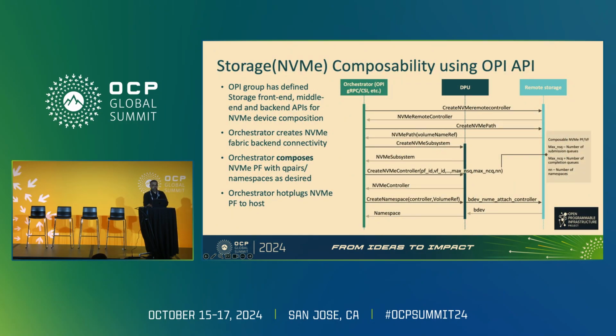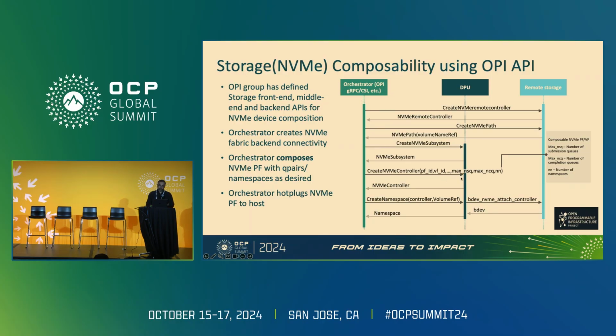And this is another example of storage composability using the OPI API. The OPI group has defined storage APIs for front end, middle end, and back end for NVMe device composition. Here, the DPU is offloading NVMe over fabric. Initially, the orchestrator has to create a remote NVMe controller and connect the local NVMe to the remote NVMe, and then it creates a local NVMe controller.